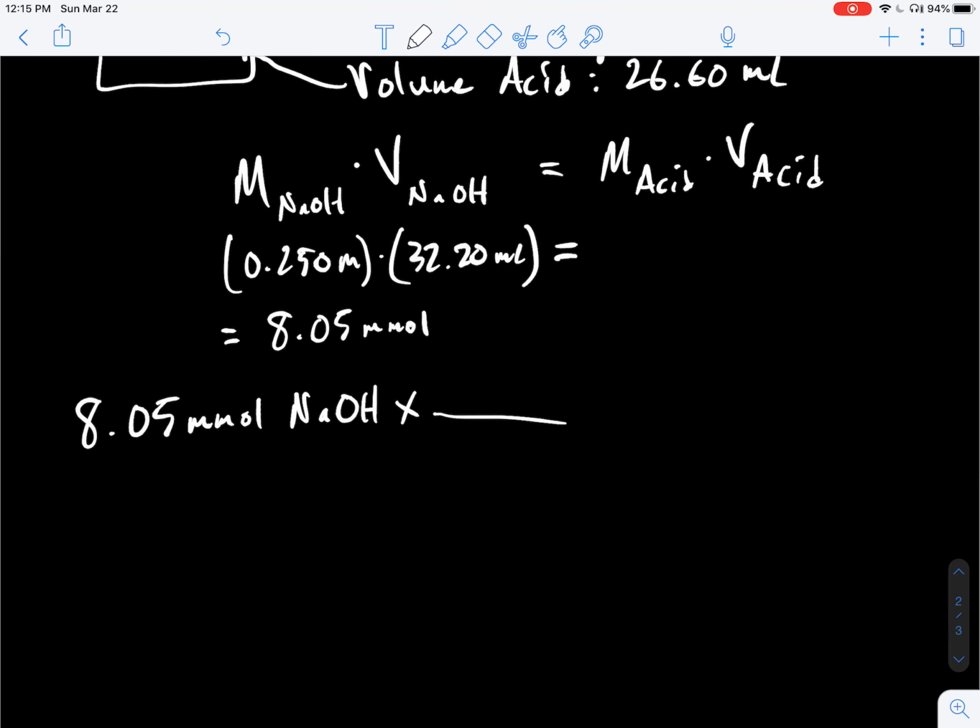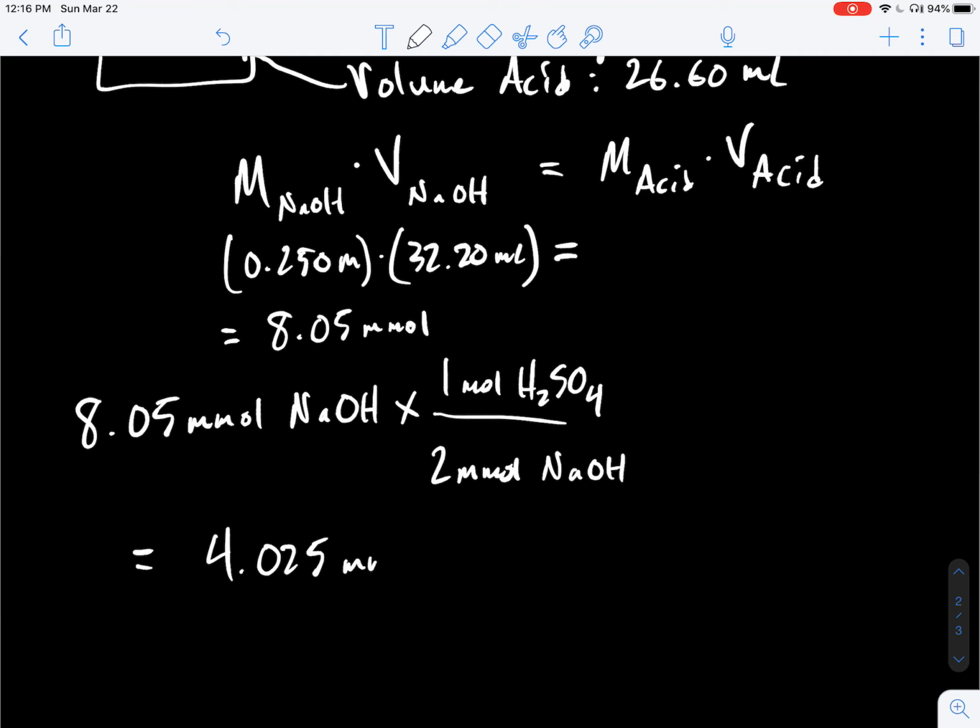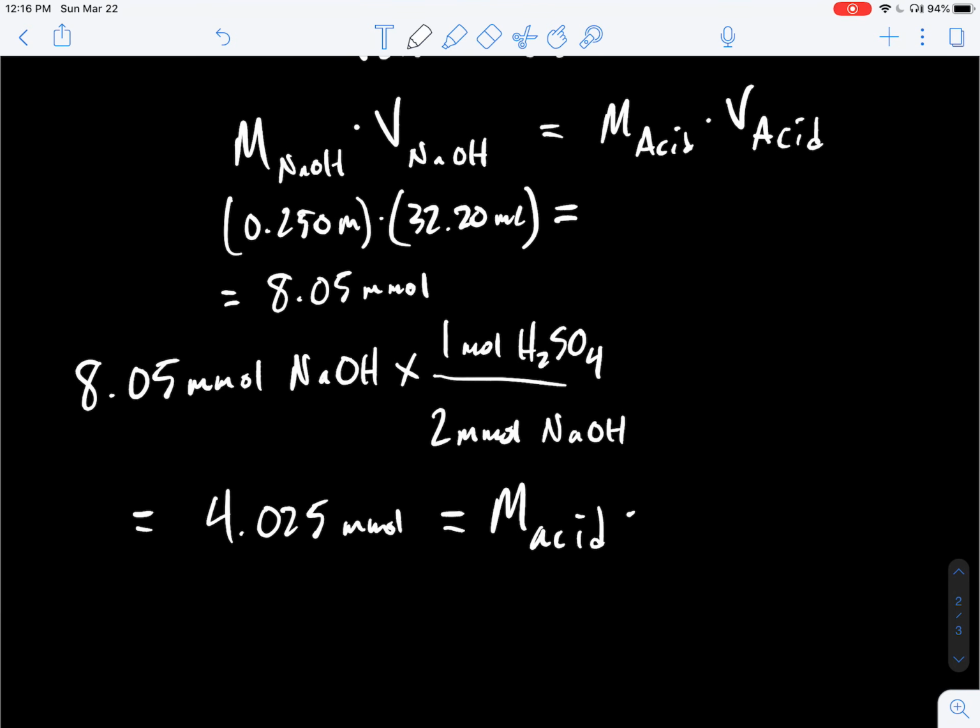Getting rid of NaOH on the bottom. 2 moles, in this case millimoles, NaOH to 1 mole H2SO4. So you'll notice that ratio is a 1 to 2, so I actually should divide that by 2. So this is equivalent to 4.025 millimoles, which is equivalent to the molarity of the acid times the volume of the acid, which was 26.6.